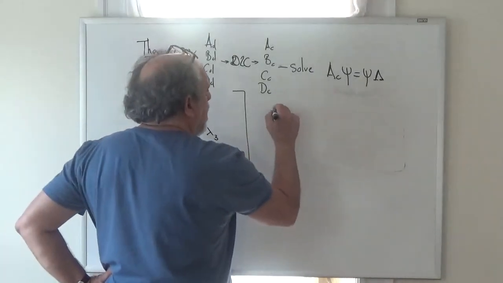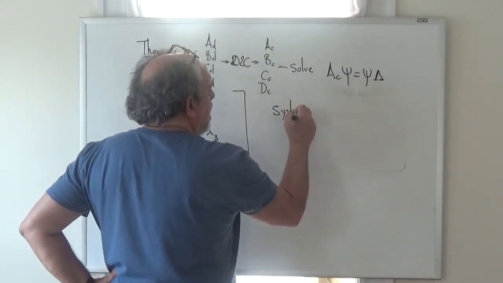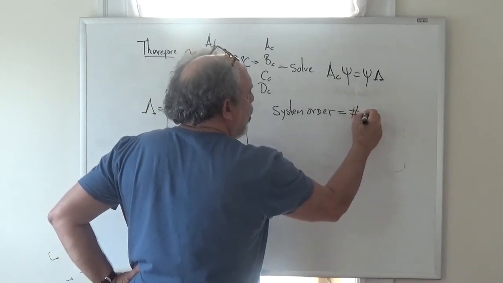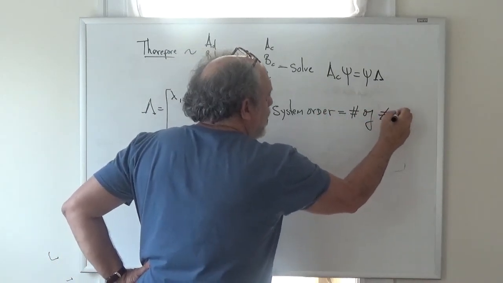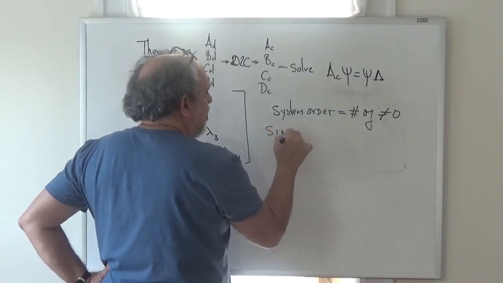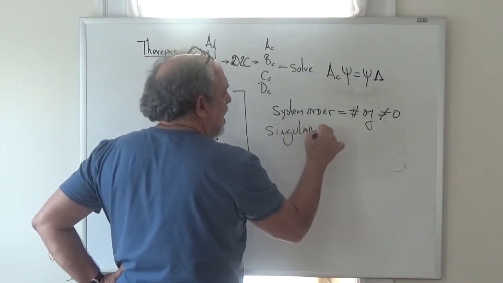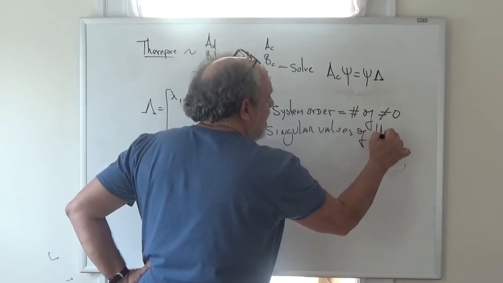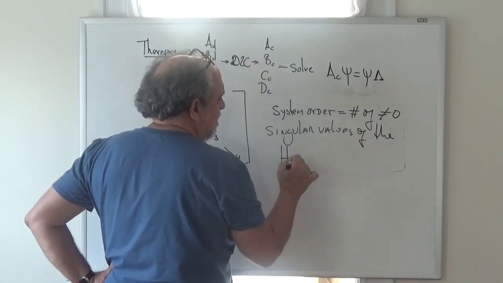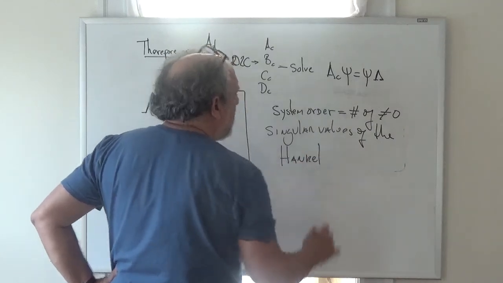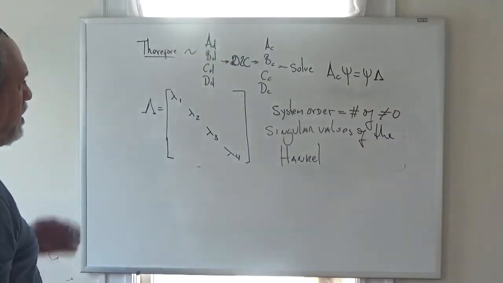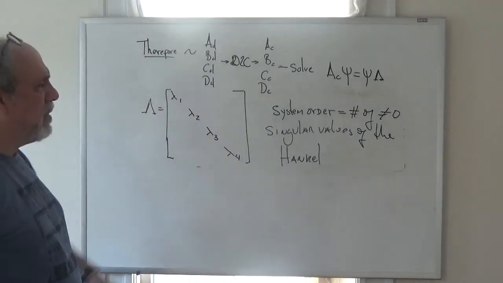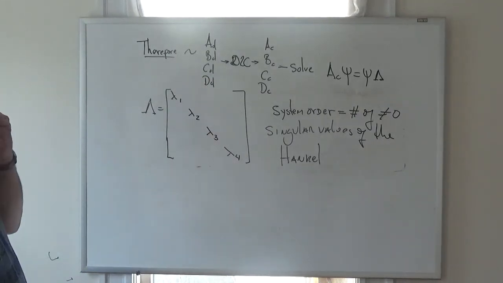Remember, the order is the number of nonzero singular values of the Hankel. So at this point we already know the system order, right? And now we do our eigenvalues, and these are the lambdas. Okay.